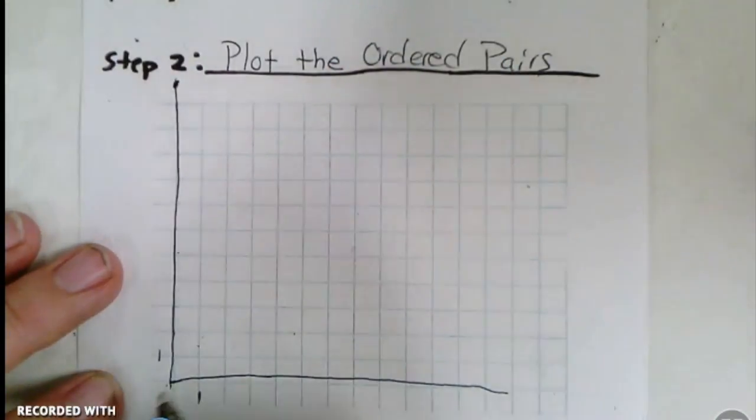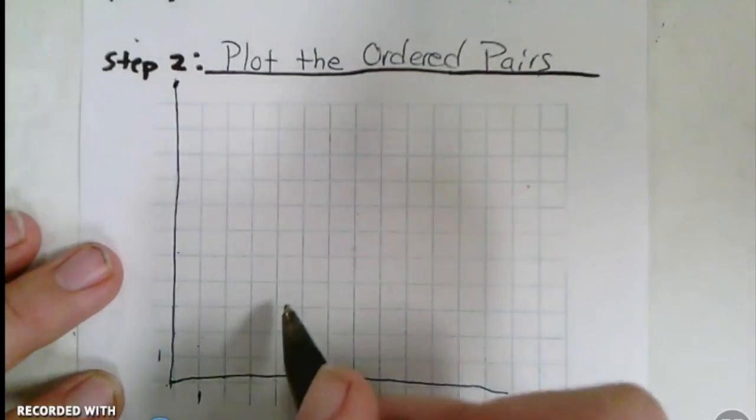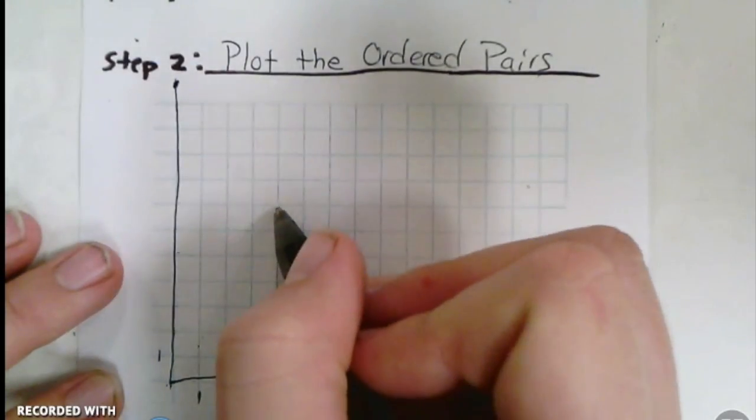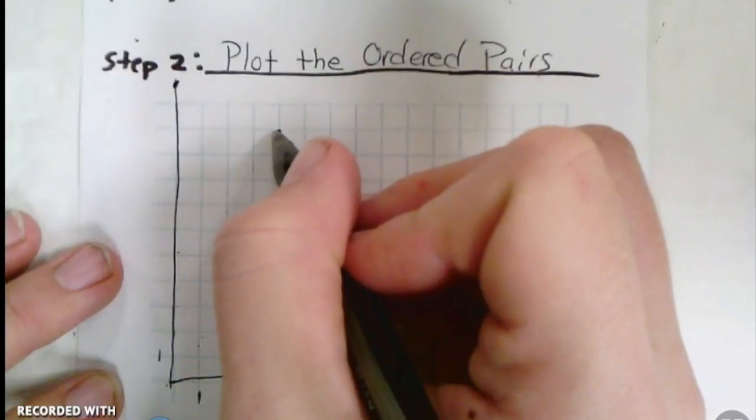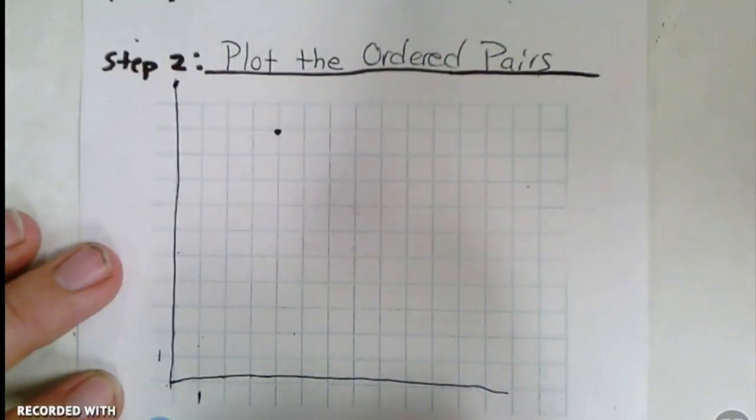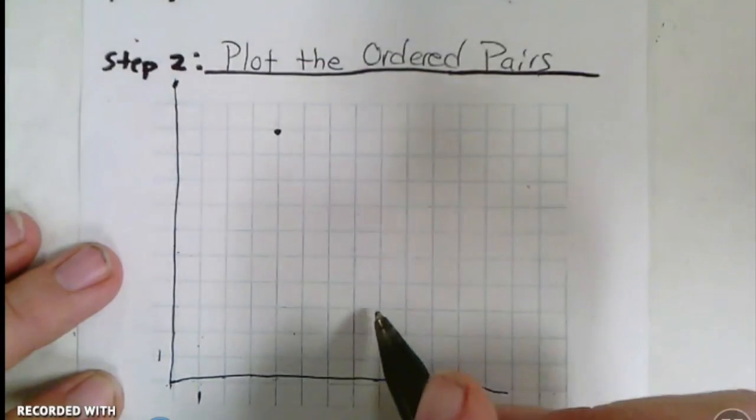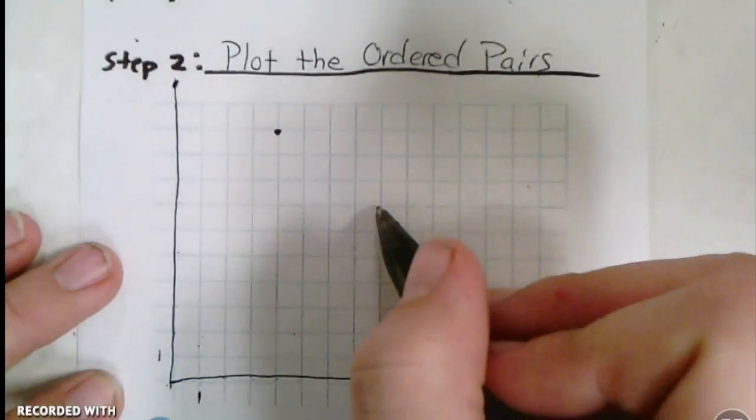Okay, my next one is 4, 10. So 1, 2, 3, 4, then 1, 2, 3, 4, 5, 6, 7, 8, 9, 10. The next one is 8, 8. So 1, 2, 3, 4, 5, 6, 7, 8, and then I'm going to go up 8.